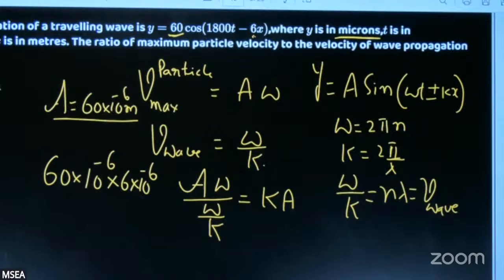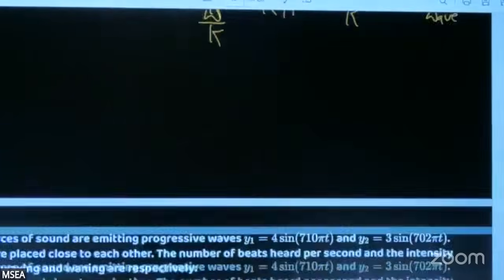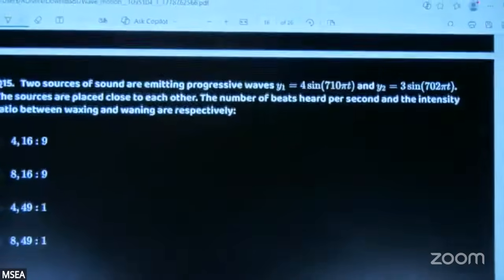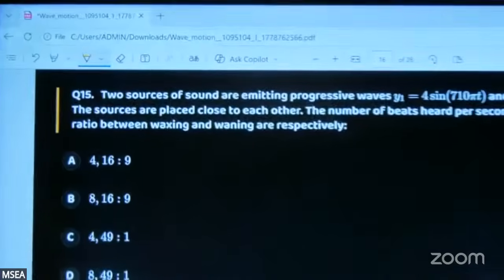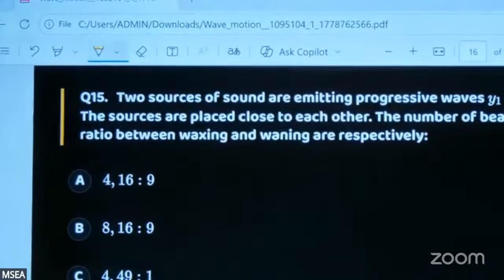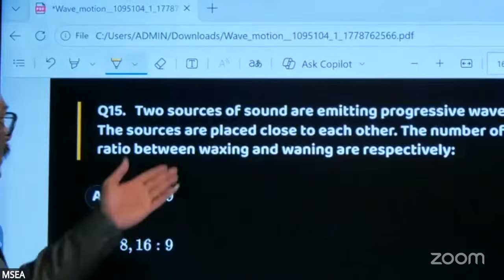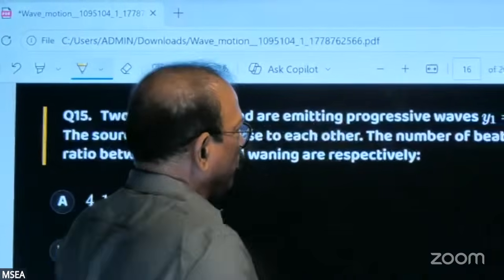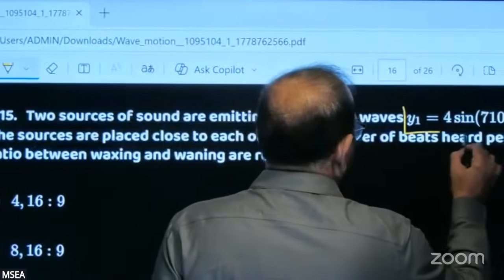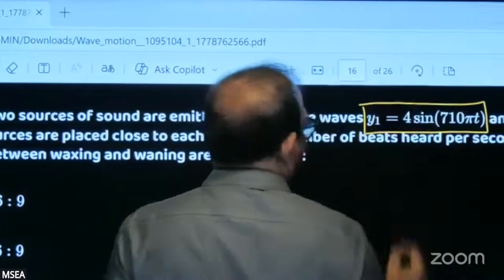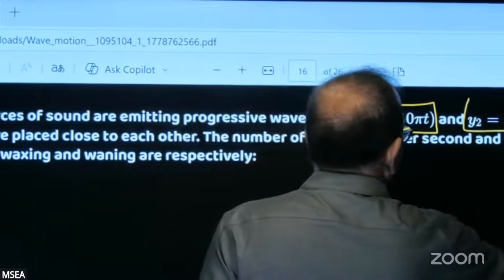Okay. Next. Wave equation: two waves undergo interference. This is one wave, this is another wave.